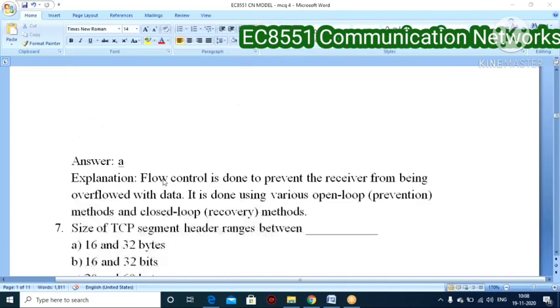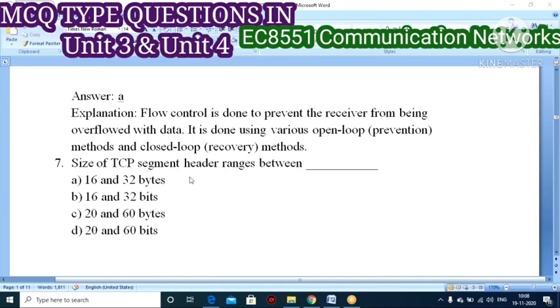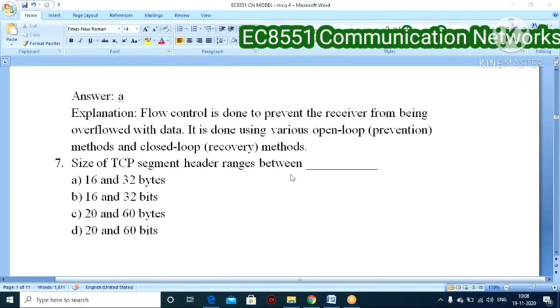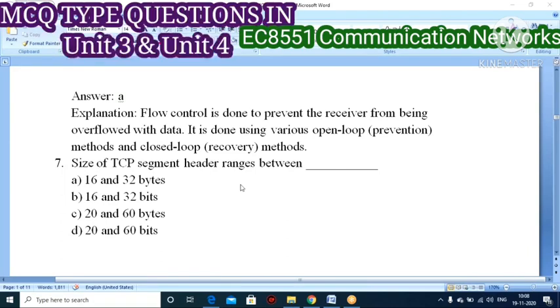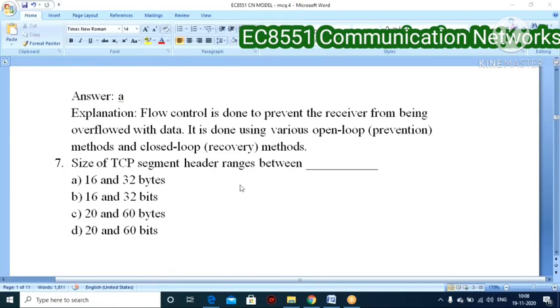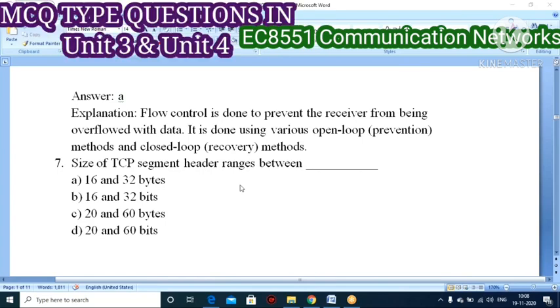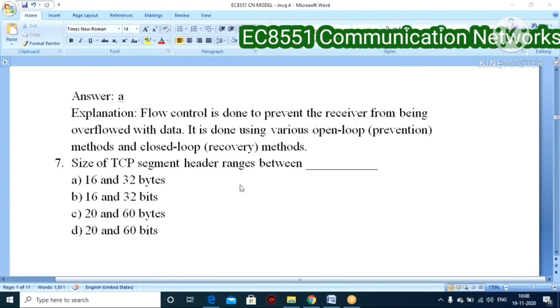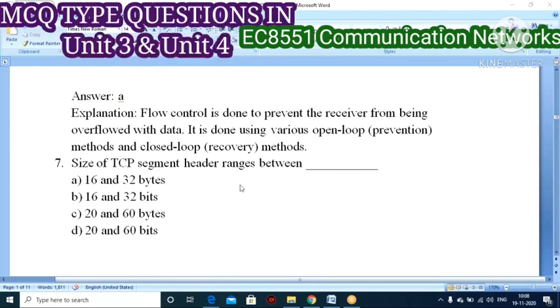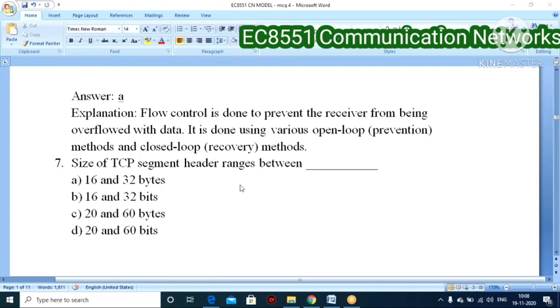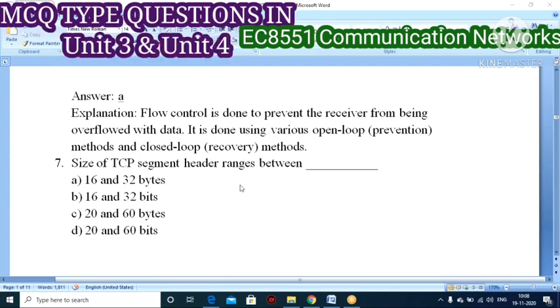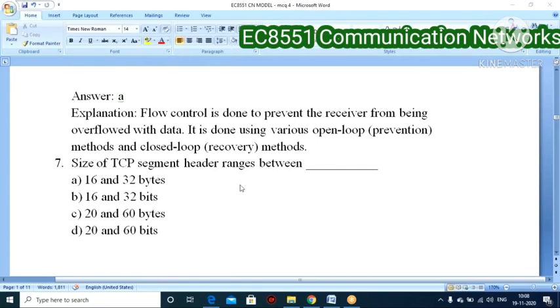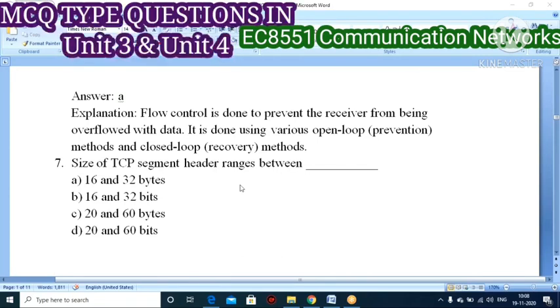Very good. Next one: size of TCP segment header ranges between dash. One more thing I want to tell you. In every topic, if there is any header format, draw the header structure and note all the labels. Then find out how many bits or bytes it takes for each field. Based on the structure, you can expect some questions.